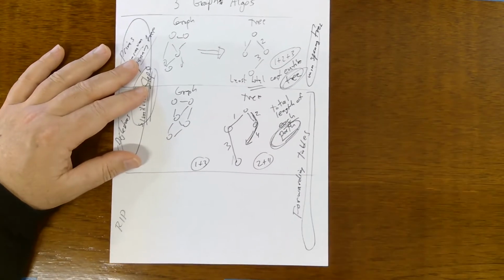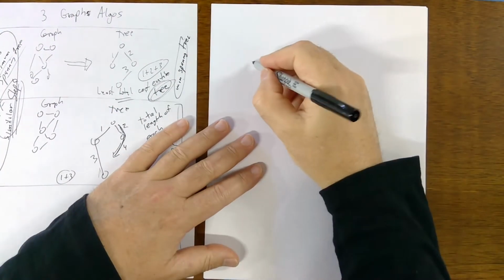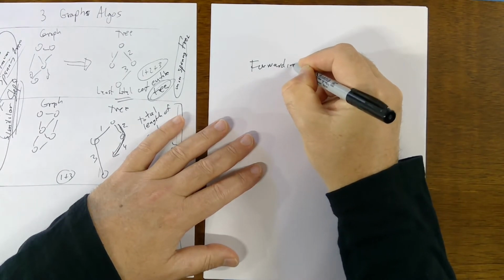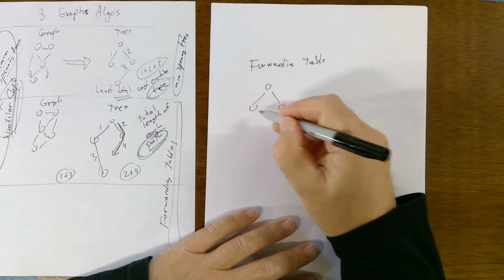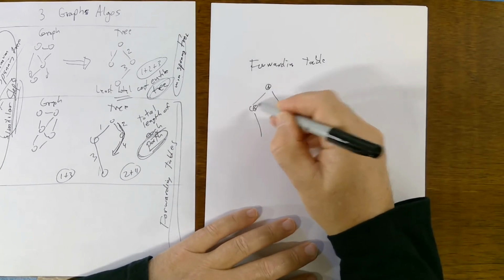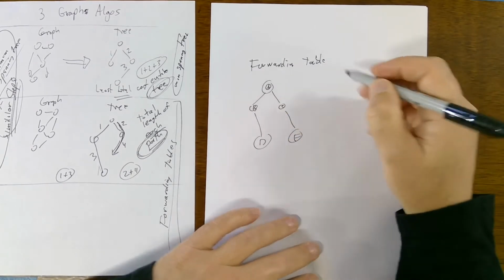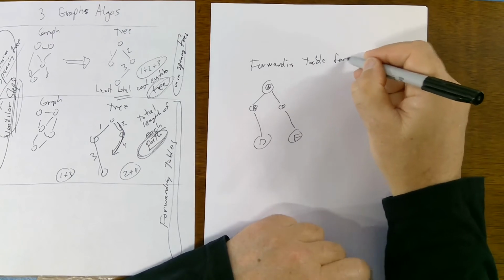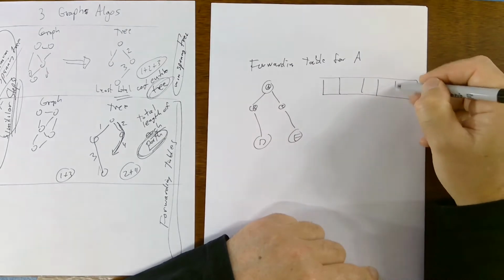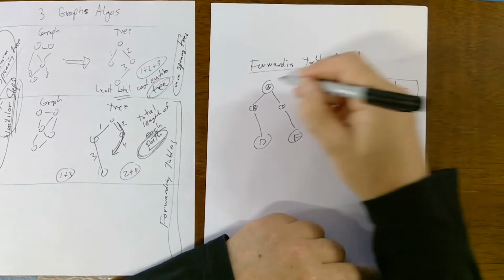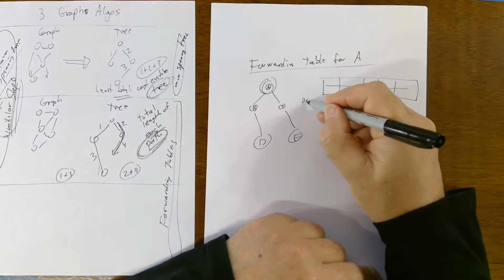And what is a forwarding table? So let's say you have this little tree. Let's see, 4A. So let's say A is the root, and you want to get to these destinations.